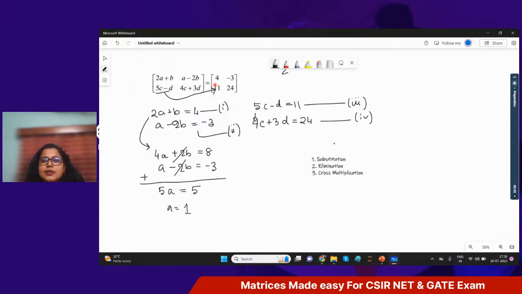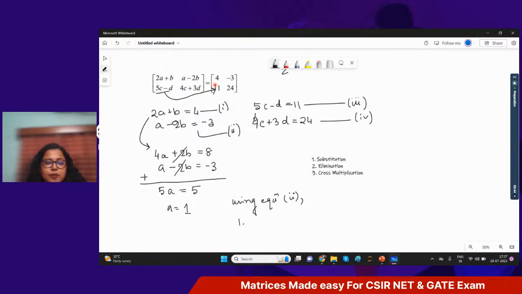Okay, let us come to the next point. So a has become 1. Now we substitute this value in an equation. Using equation 2, a equals 1 will be substituted here.